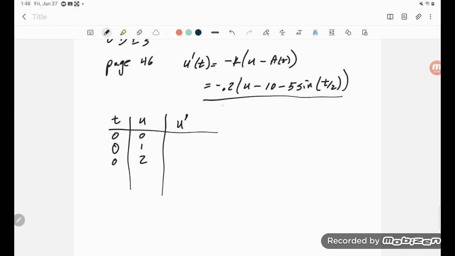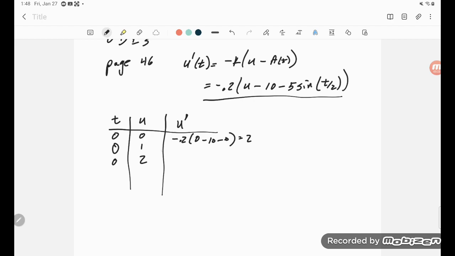Then as we look at u prime here, we would get minus 0.2 times u, which is 0, so I'd have a 0, and then minus 10, and then 5 sine 0, so we'd get a 0 there. And so I guess that is 2.